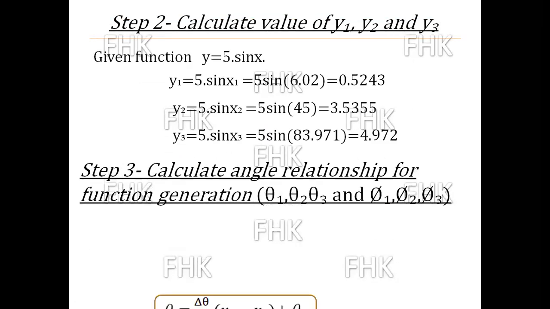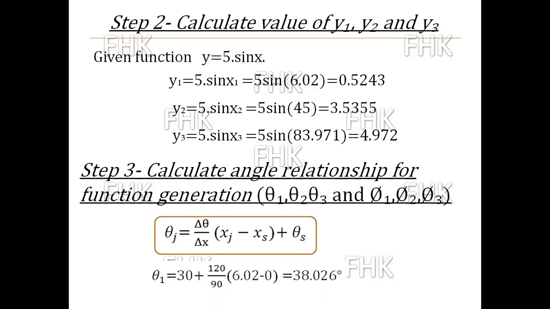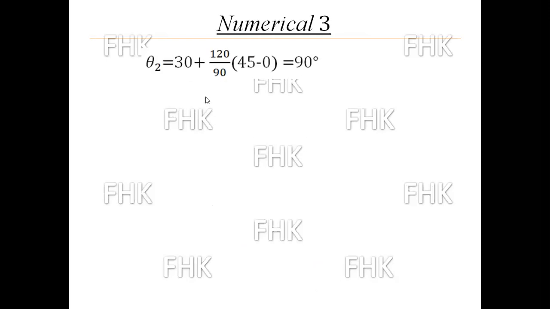Putting in the value 6.028 minus x starting, which is 0, and after solving, I have found theta 1 is equal to 38.026 degrees. Now for theta 2, the formula is the same: 30 plus delta theta divided by delta x, 120 by 90.